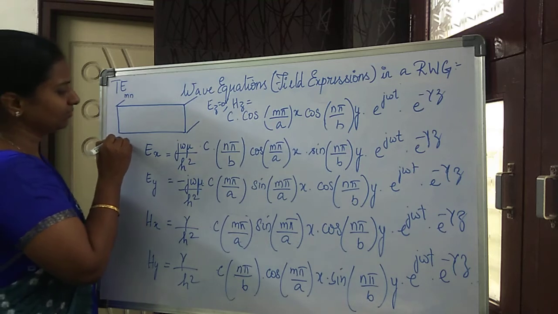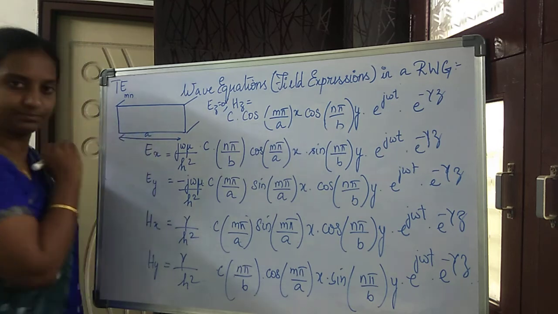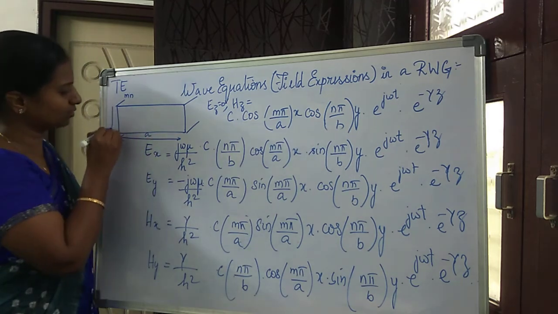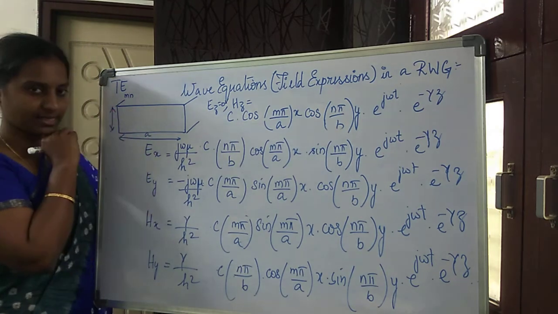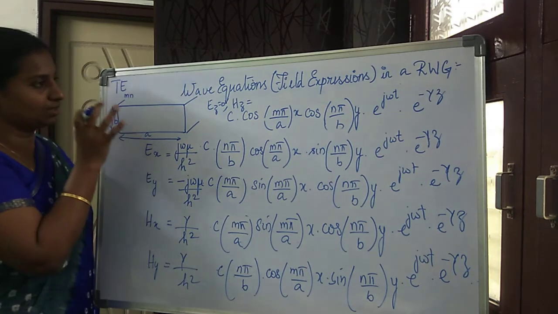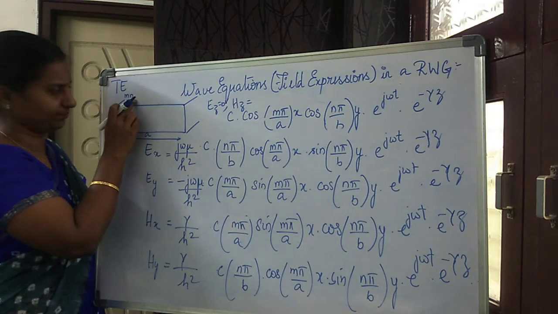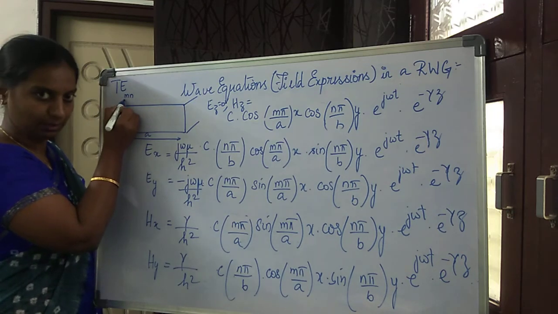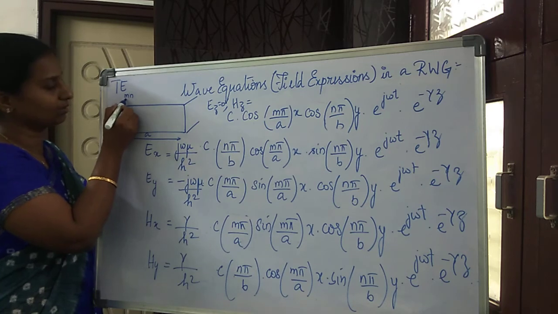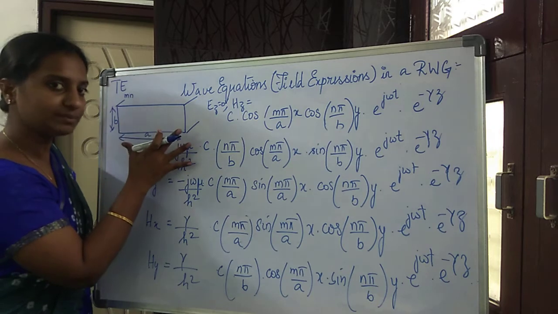The length of the cross section of this rectangular waveguide is given by A, and the width of the cross section is given by B. This TE has the subscripts M and N. So this M subscript denotes how many half wavelengths are present along the A dimension.